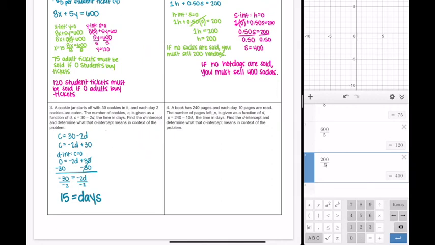That tells us that after 15 days, the value of C, or the number of cookies, is 0. So if you eat 2 cookies per day and you started off with 30, then after 15 days, all the cookies are gone.